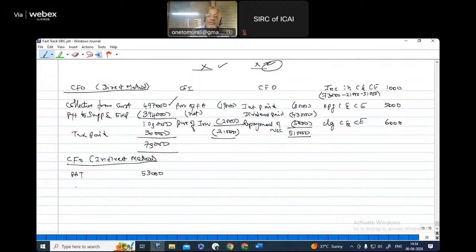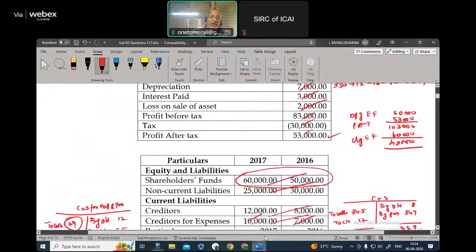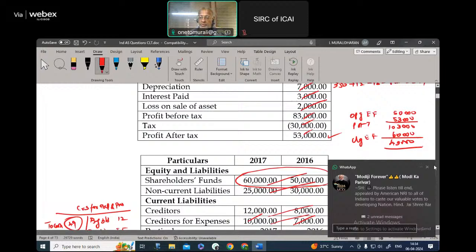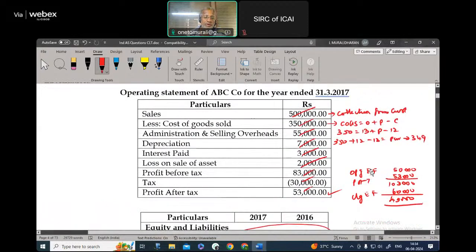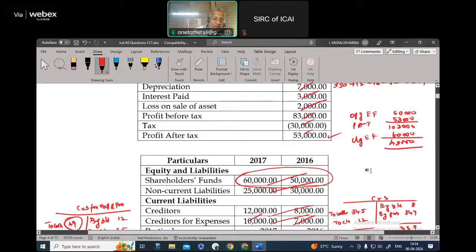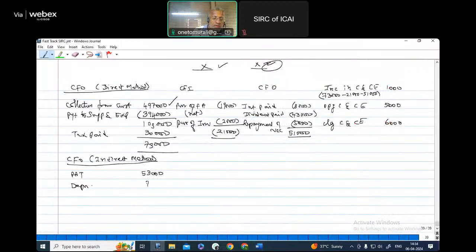To that, we will add back depreciation to the extent of 7,000. Then interest payment to the extent of 3,000, we are going to add back.